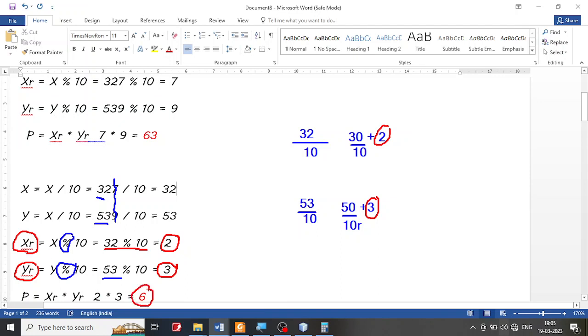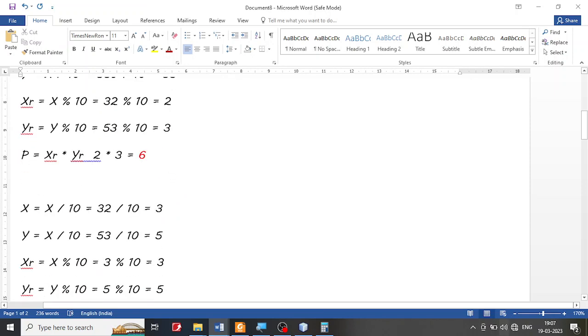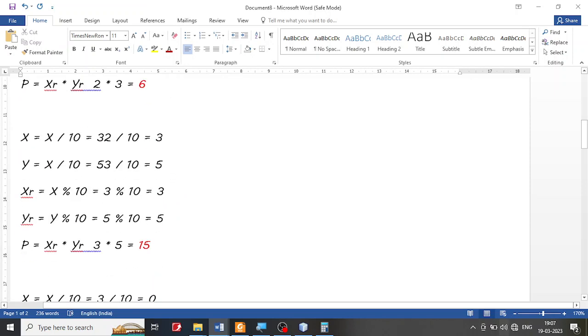So from this 32 and 53, you have successfully multiplied these two numbers. Now reduce this 32 so that only 3 is left, and reduce this 53 so that 5 is left over. How do we go about it? Take this 32, divide it by 10. However, this time the division is integer division.